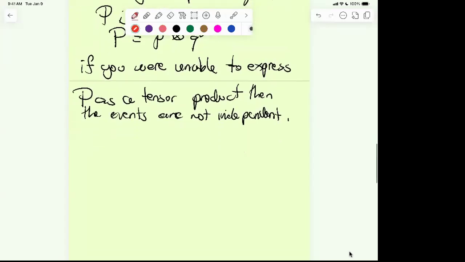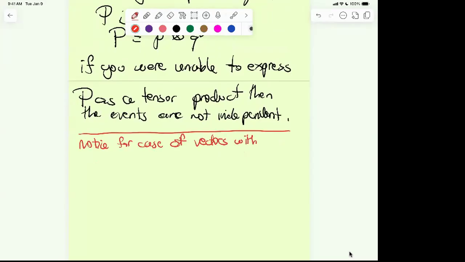But just to give you a quick example, let's go back to this case with the 2 and 3 entries. Well, let's actually do it for the 2 by 2 case, just so that I don't have to write so much notation.